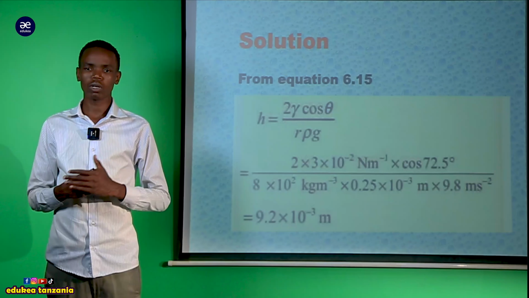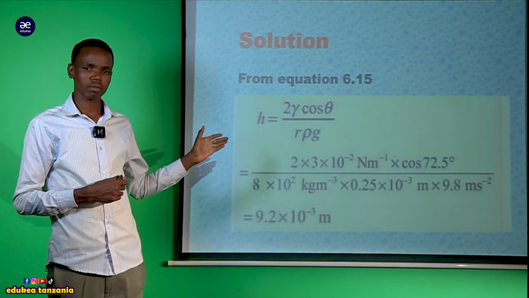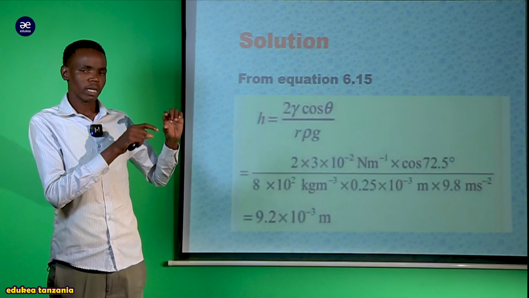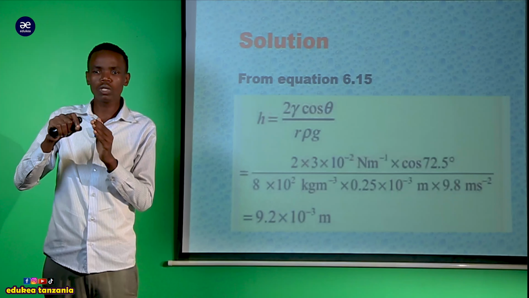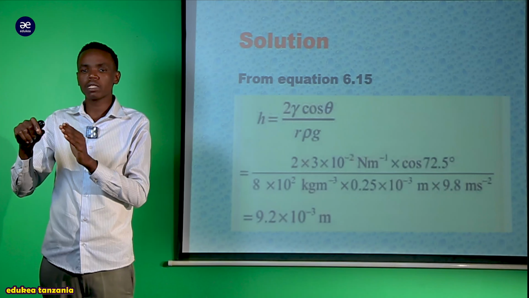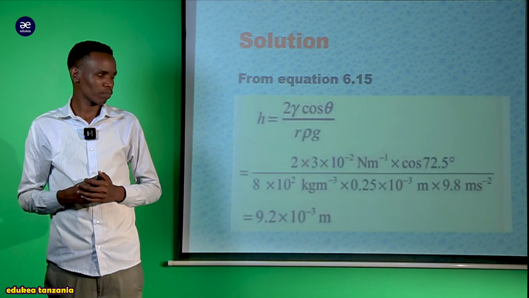So this is our formula for finding the height of the liquid in the tube. We conclude by saying that the height of the tube must be obtained by taking 2 times surface tension times the cosine theta, divided by r g density.